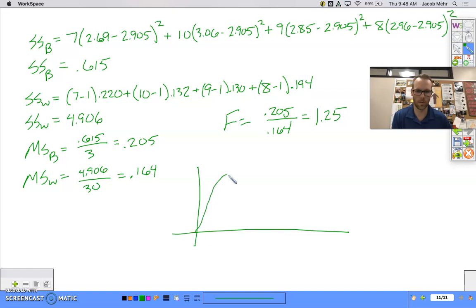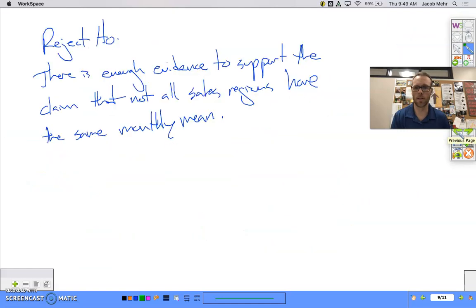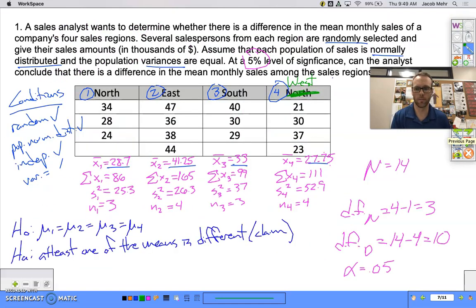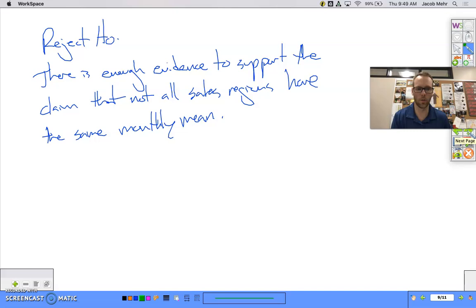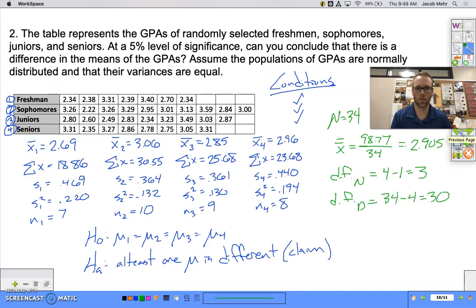All right, so we have to consider our distribution here. This is an F distribution, not symmetric, skewed to the right. We know what this test statistic is, but we have to set our critical region. And how do we set that critical region again? All right, so our level of significance for this one is 0.05, and that's from right here.